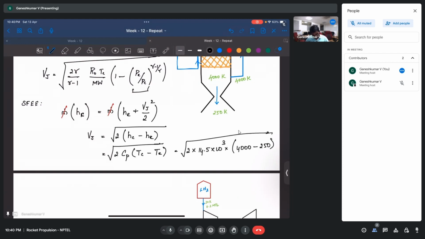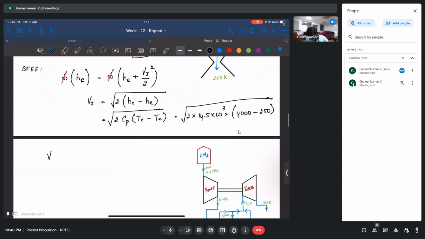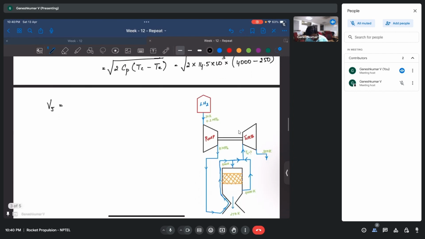So now if you solve this, what would happen? You have the square root of 4000 minus 250, into 14.5 into 10 power 3, into 2. Upon solving this, the jet velocity I get is 10,428.3 meters per second.